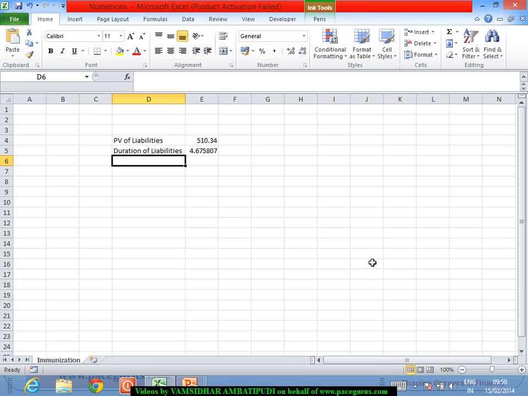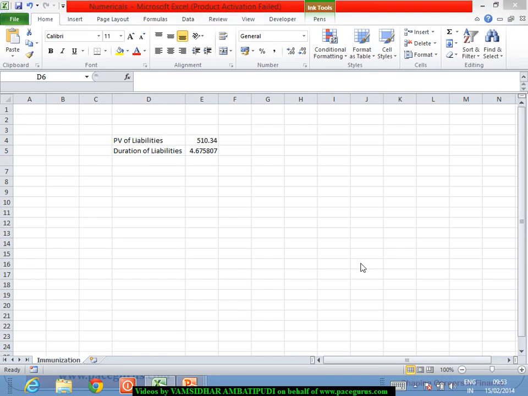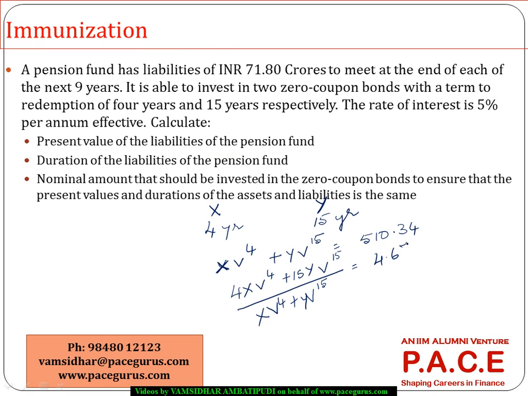The duration of the assets should be equal to the duration of the liabilities, and that should be equal to 4.675.